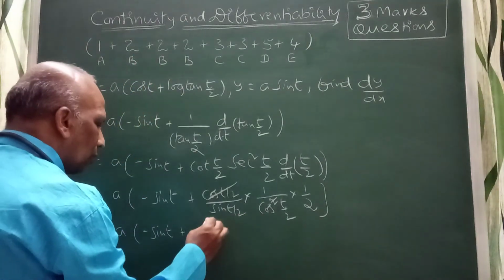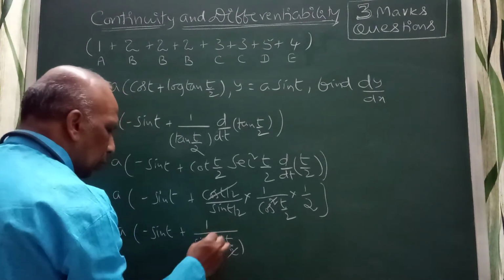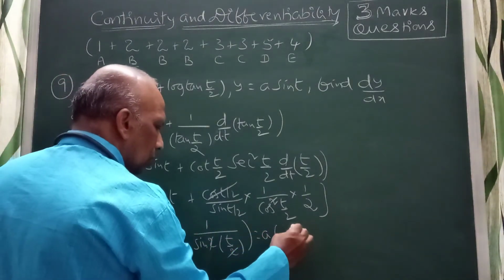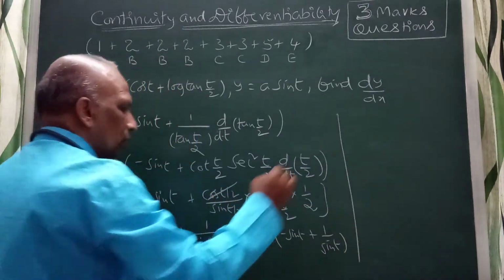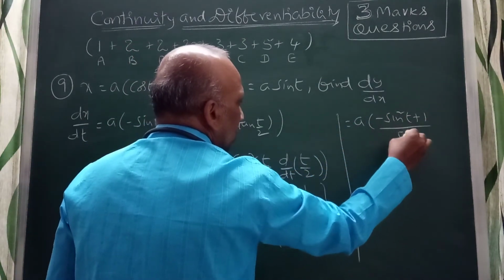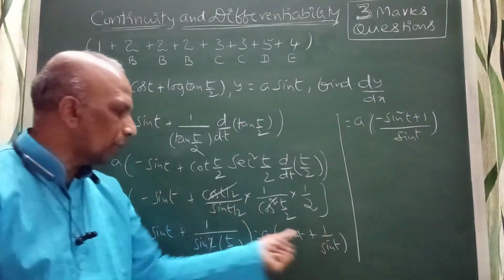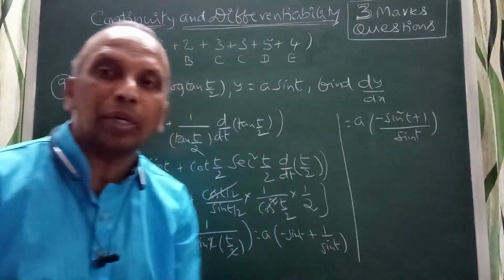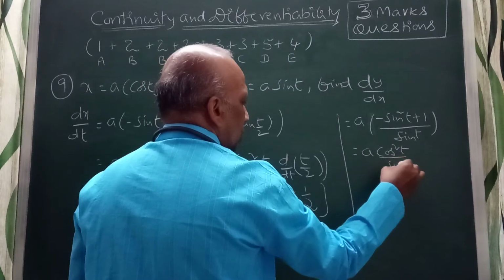So this one I can write 1 by sin t, the 2 gets cancelled, right? This is a into minus sin t plus 1 by sin t, so a into minus sin square t plus 1 by sin t. Take LCM, but we know 1 minus sin square t is cos square t. I can write this as a cos square t by sin t.